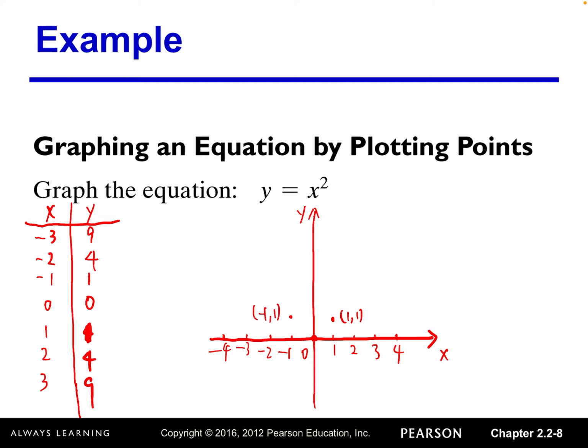So we got this point, this point, this point. And then 2, 4. The y-coordinates 1, 2, 3, 4. 2, 4 is right here, and -2, 4. So we got these 2 points. And then 3, 9, need more room, it's about here. 3, 9 is about here, and -3, 9 is about here.